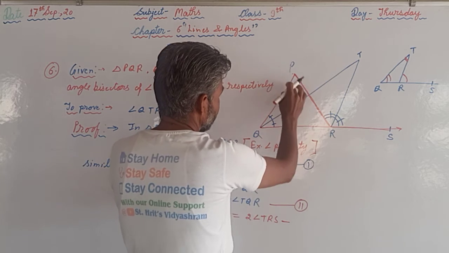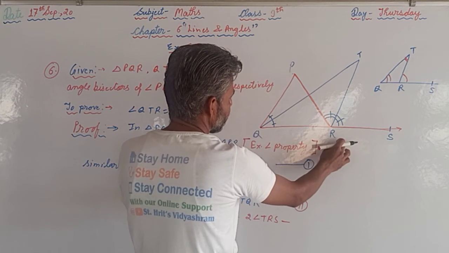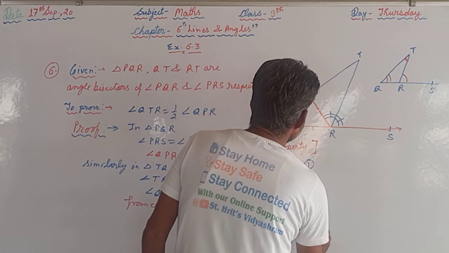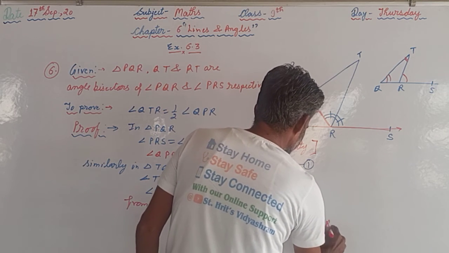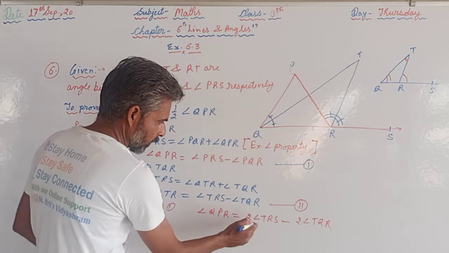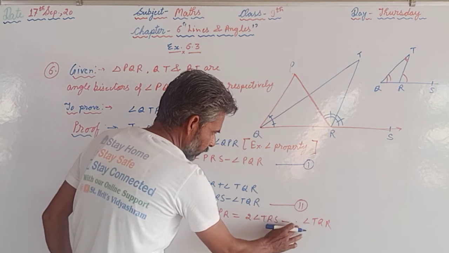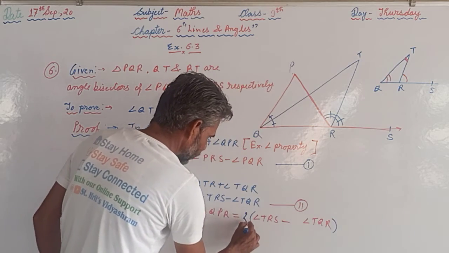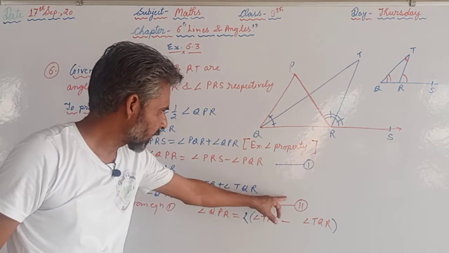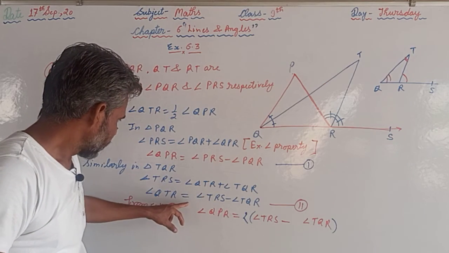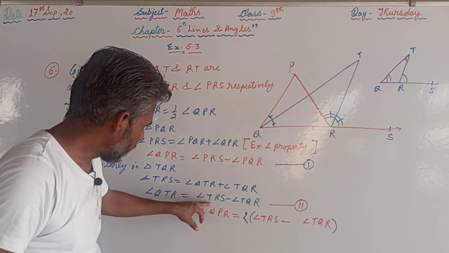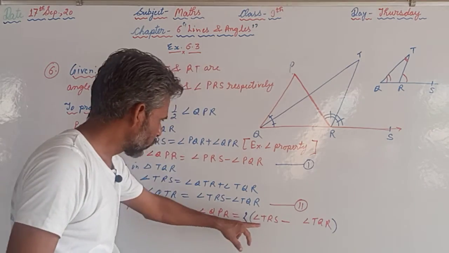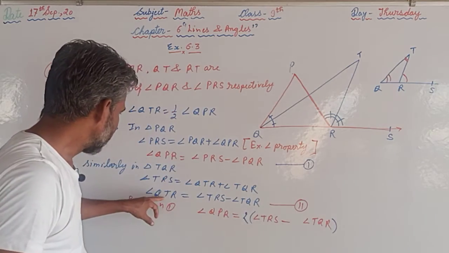In place of angle PQR we can write twice angle TQR. Now here is 2, here is 2, so we take 2 common outside. Now using second in first: second is QTR equals angle TRS minus angle TQR. So in place of this bracket we can write QTR.